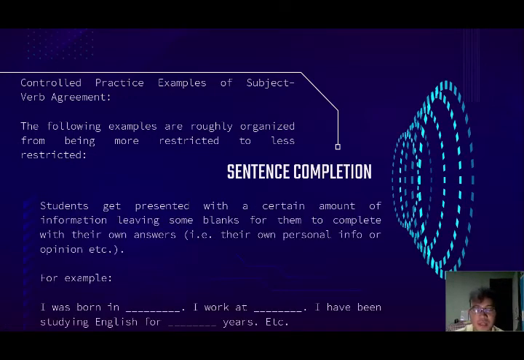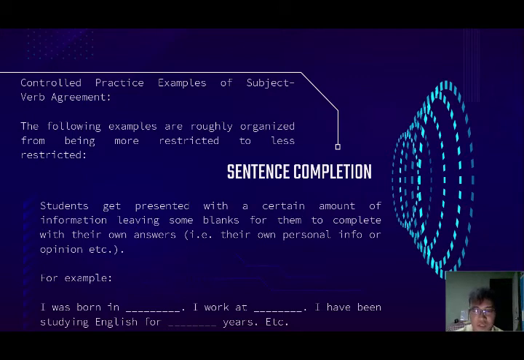Then sentence completion. The students get presented with a certain amount of information, leaving some blanks for them to complete with their own answers, their own personal information or opinion, etc. As we progress in our topic and the different techniques, we notice that the students are getting more freedom and fewer restrictions in each of the techniques.